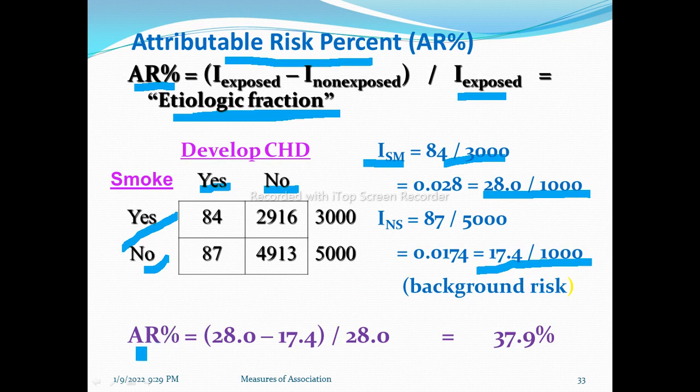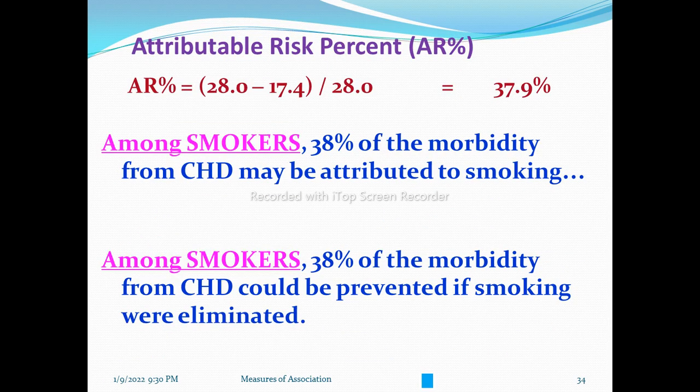Up to this point it is similar to attributable risk, but now 28 minus 17, which is incidence in exposed minus incidence in non-exposed, over incidence in exposed, 28, times 100, we get 37.9%. In another way, 28 minus 17 over 28 is equal to 37.9%.